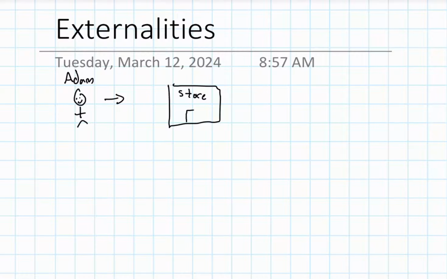We'll do an easier one first. So let's say you've got me. This is Adam. And you know me, I go to the store. We're going to call this the store. And I buy a pack of cigarettes.